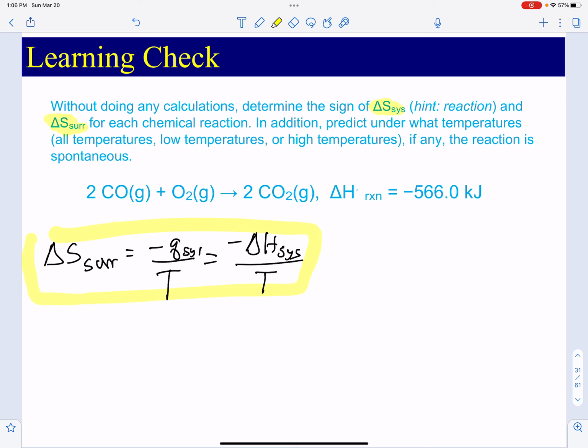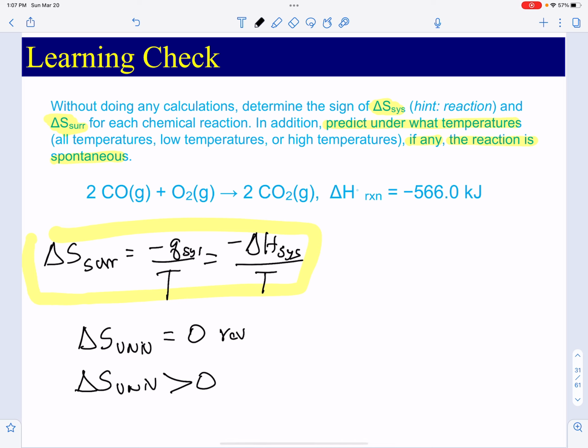And then we also have to predict under what temperatures, if any, the reaction is spontaneous. What do we know about spontaneous? Delta S of the universe equals 0, or delta S of the universe is bigger than 0.